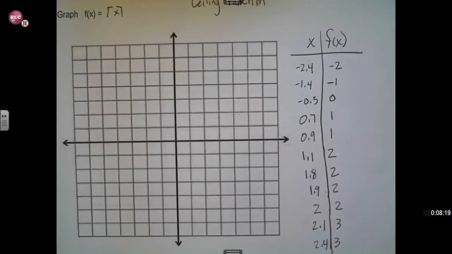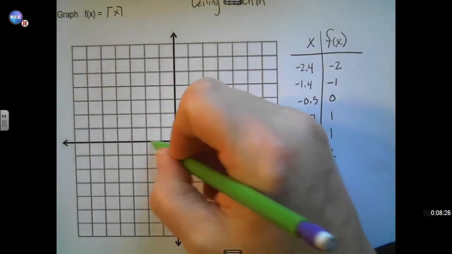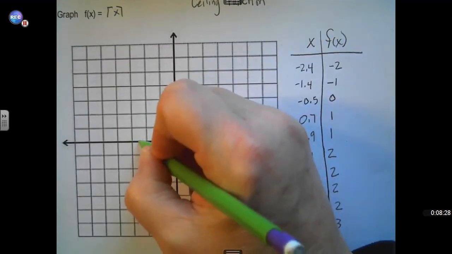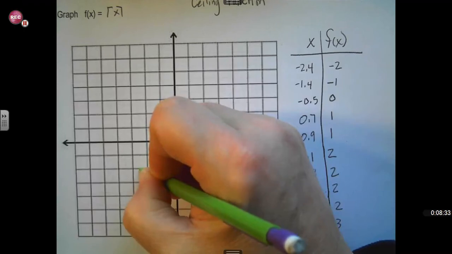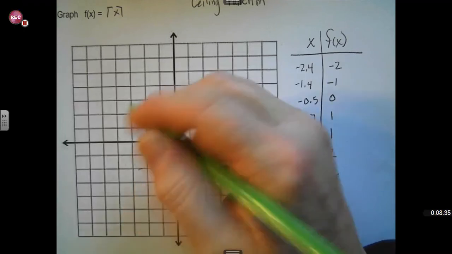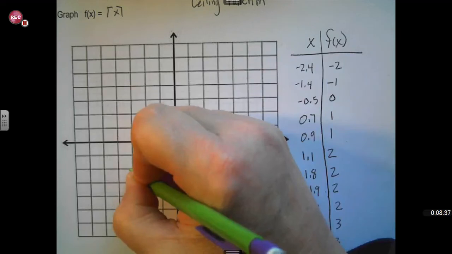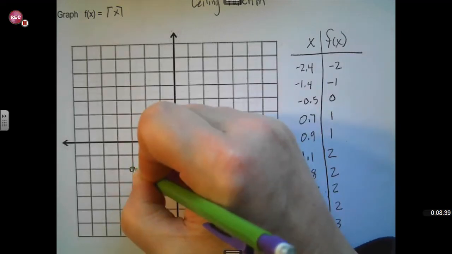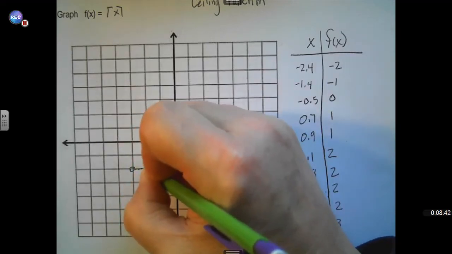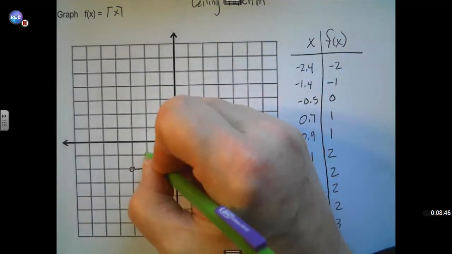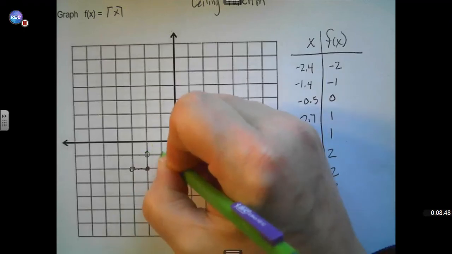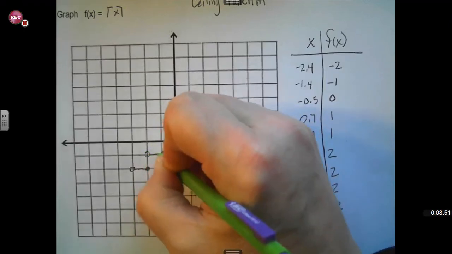How do I graph that? Well, if I start at negative 2.4, negative 2.4 is here, and the integer closest to it is negative 2. So this is my open circle, this is my closed circle. Then at negative 2, I jump up to negative 1, open on the left, closed on the right.